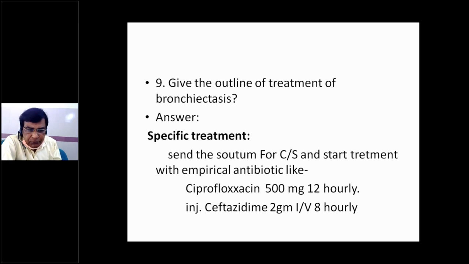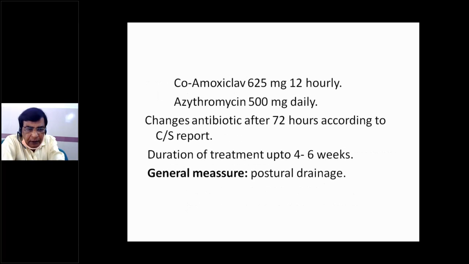We can give ciprofloxacin, we can give ceftazidime, injectable form when the patient cannot take orally or patient suffers from severe disease, and co-amoxiclav, it is given in oral form. Azithromycin also given in oral form, and change the antibiotics after 72 hours according to culture report, and duration of treatment 4 to 6 weeks.